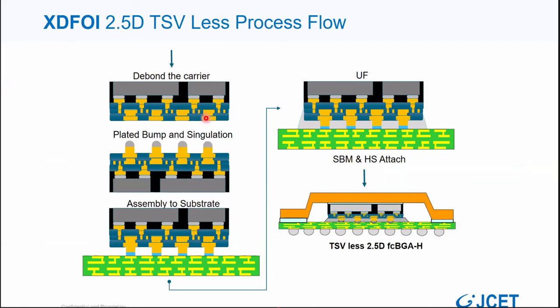Here we show the first. Then after debonding we apply the bond and singulate. Then this singulated package is attached to the FCBGA substrate and applied with underfill. After that, attach the thermal lid, then also attach the solder balls and land side IPD capacitor, for example.